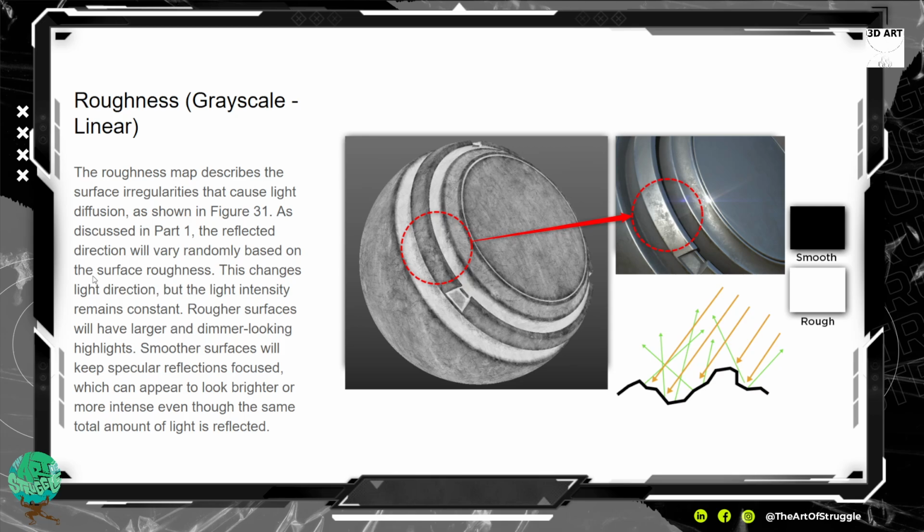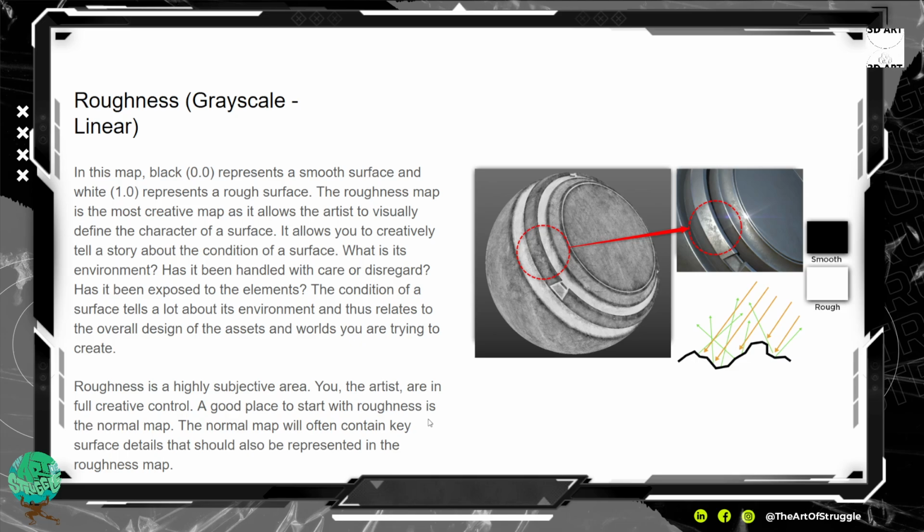Rougher surfaces will have a larger and dimmer looking highlight. Smoother surfaces will keep specular reflections focused, which can appear brighter or more intense, even though the same total amount of light is reflected. All right.